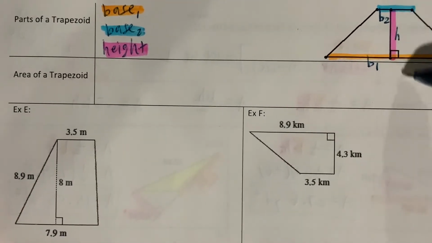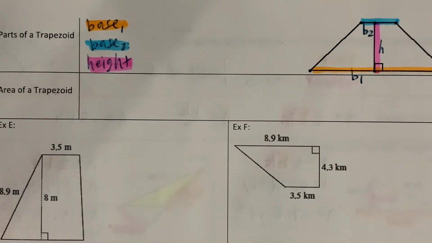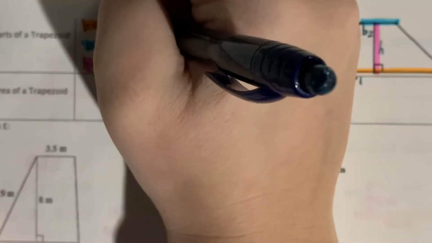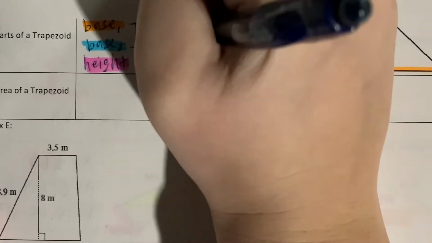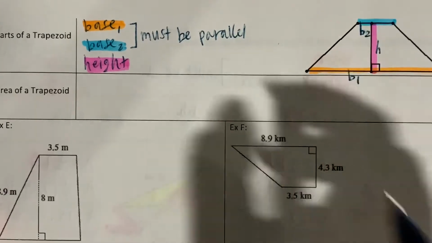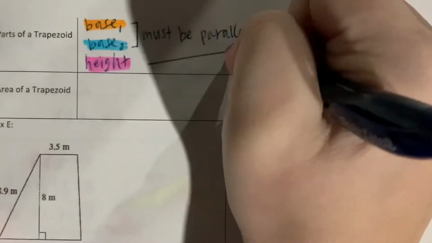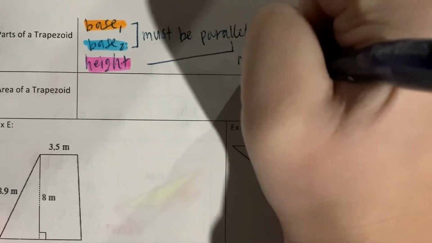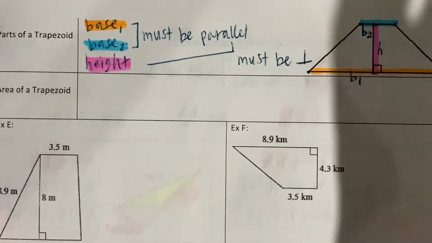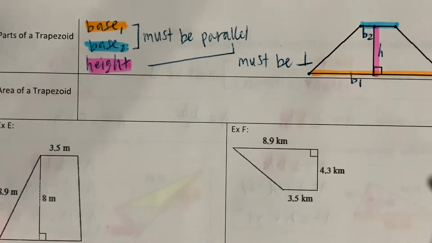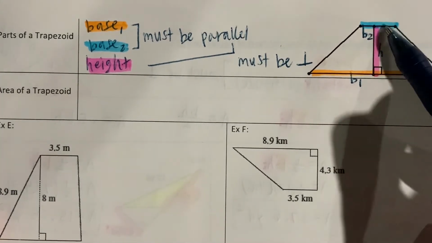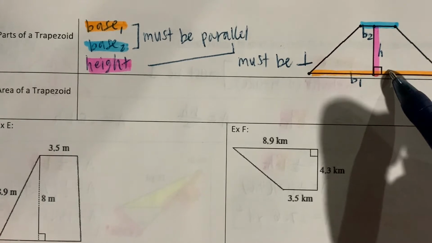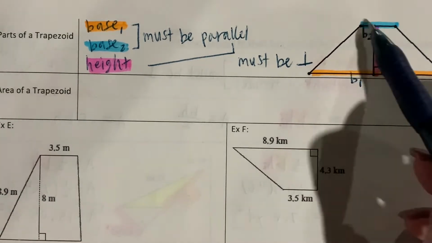This goes back to some of the properties that we learned about trapezoids: our two bases must be parallel, and our bases and our height must be perpendicular. They have to meet at a 90-degree right angle. So we still have a height perpendicular to our two bases, but we have two separate bases, base 1 and base 2.